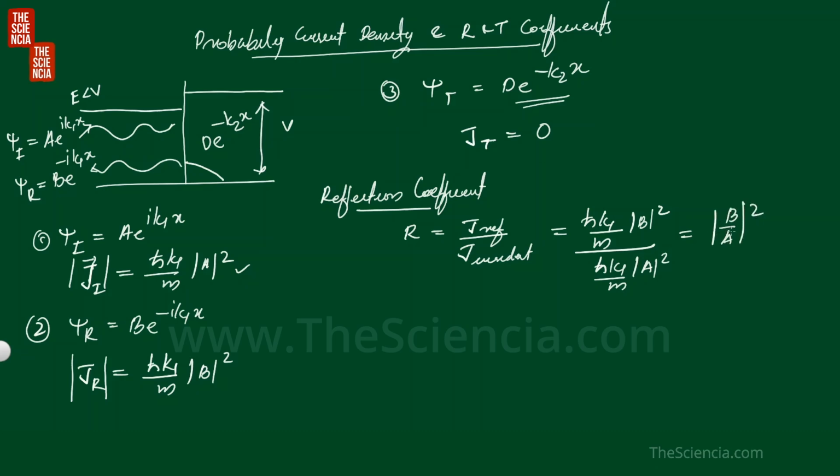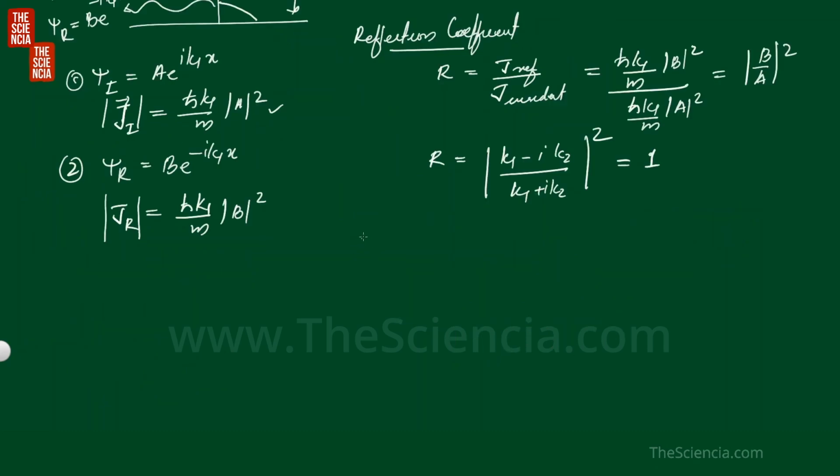Just before we evaluated the value of b by a, therefore R is equal to k1 minus i k2 by k1 plus i k2 modulus square. And if you evaluate this mod square of this complex function, you will get a value equal to 1.